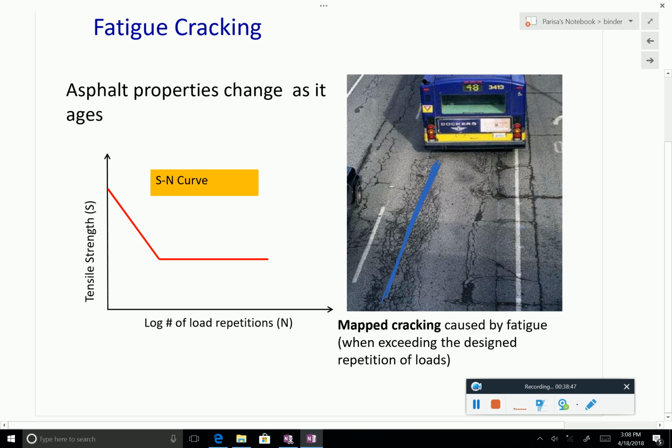Now, what type of material would you choose if you suspect that, for example, you are working in an urban area where the traffic might increase a lot during the service life of the pavement? Low viscosity or high viscosity?